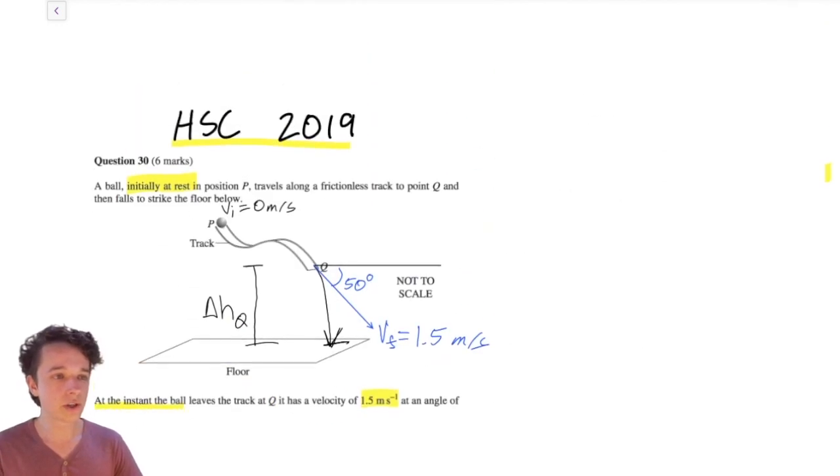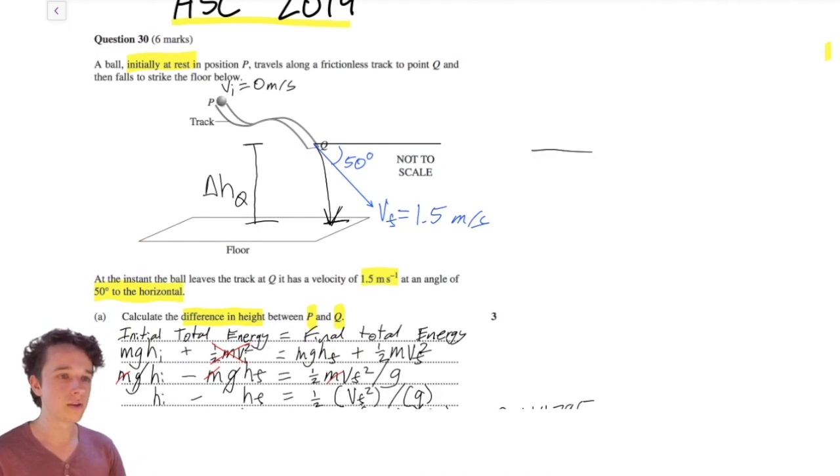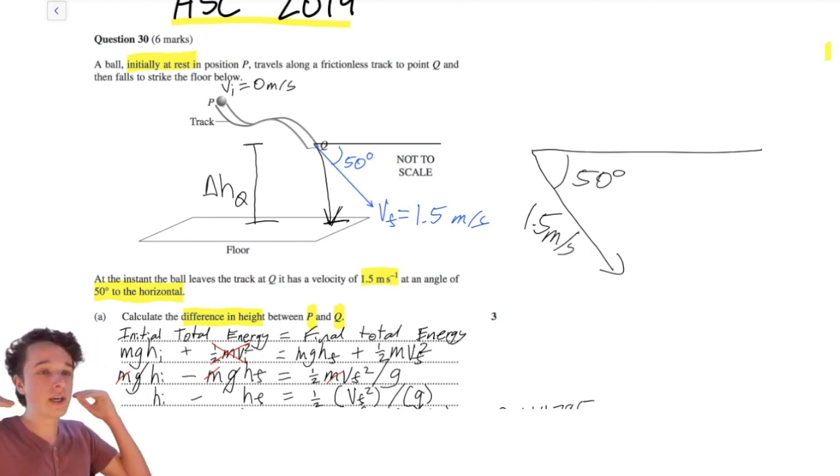So you're basically just going to consider this as a pretty standard projectile motion question. You've got the horizontal that you're considering, you've got a ball which has been launched at an angle to that horizontal, in this case below. You've been given the magnitude of the velocity that it's been launched at, and you need to find out what is the displacement.